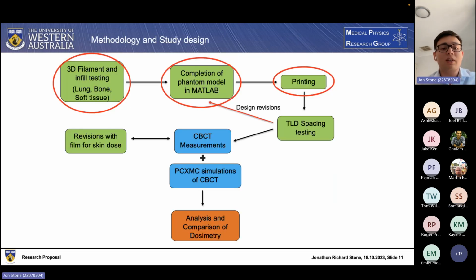Yeah, I've mentioned it here. We might do some revisions with GAFchromic film. The only concern I have is that GAFchromic film is accurate above 100 kV, and we want to test the phantom all the way from 40 kV to 140 kV, so we might run into some uncertainty errors below 100. The main thing is also that the price of GAFchromic film is quite a lot higher than TLDs, because we'll get TLDs supplied from Royal Perth Hospital.